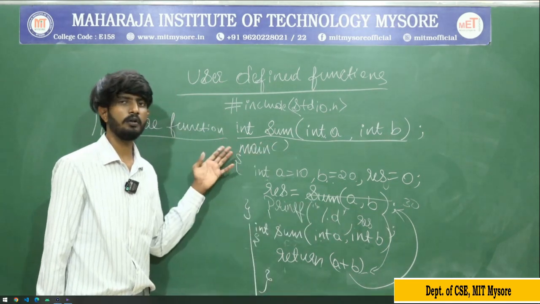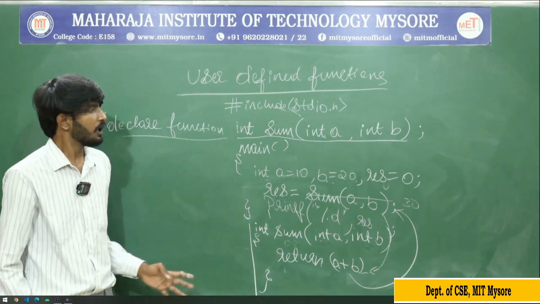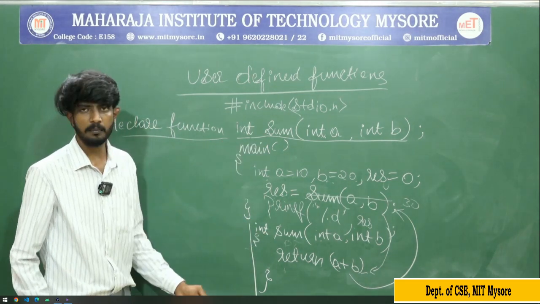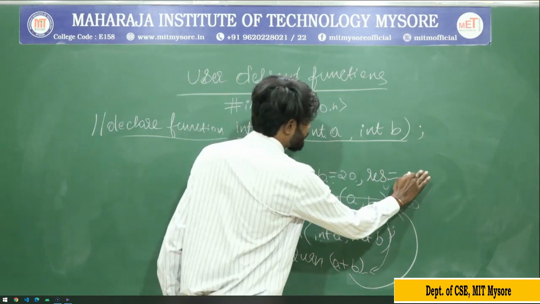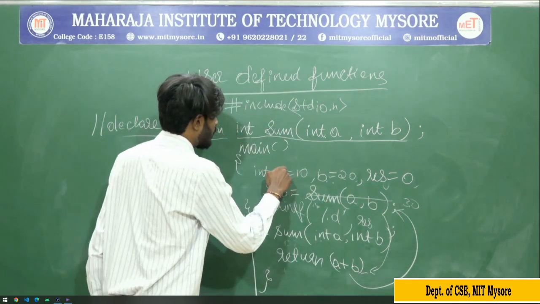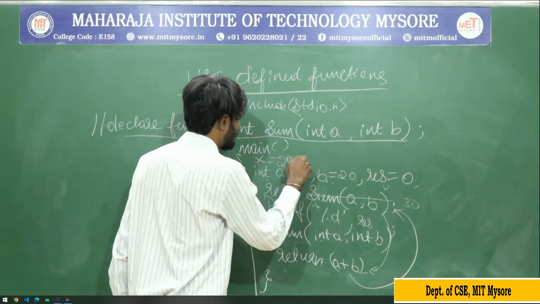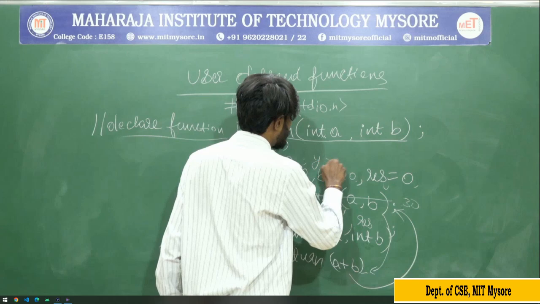So that's why you return that data. If I want this sum function in any main method, I can have another variable, that is x is equal to 20 and y is equal to 30.